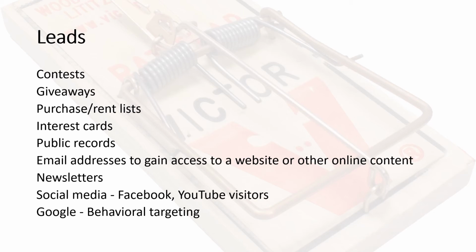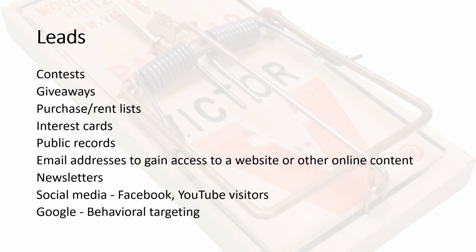One of the people who I am an advisor for is the Mob Museum downtown. And the Mob Museum does a lot of behavioral targeting, where what they do is they use Google to identify people who have visited their competitors' websites. And as they visit their competitors' websites, the Mob Museum then turns around and serves them up ads for the Mob Museum.